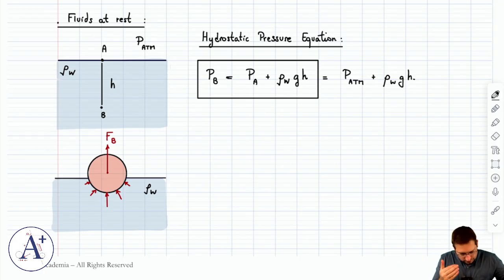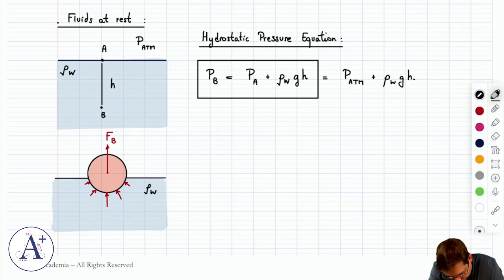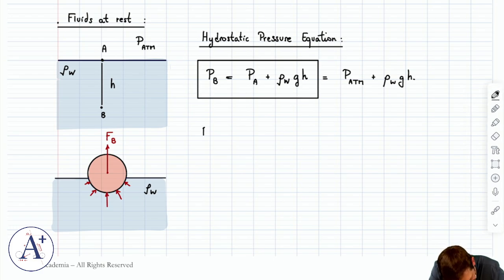So you get what's called the buoyant force because the pressure increases with depth, and it's going to basically push the ball upward. Now the buoyant force is given by FB.